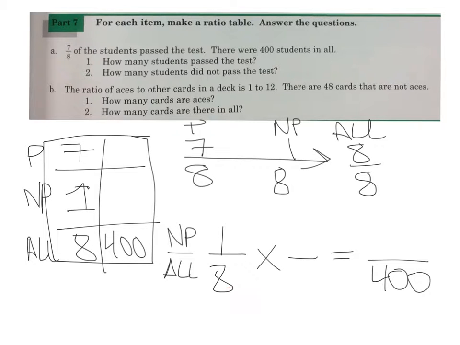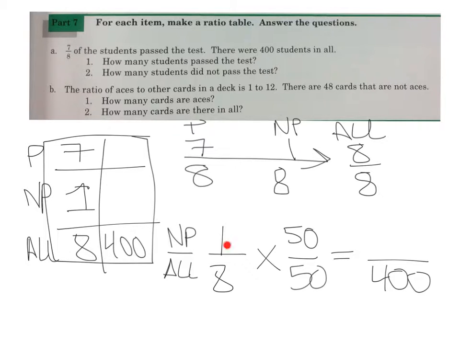So I cannot do 8 times nothing or something I don't know. We have to work backwards. If you can't do the multiplication, then you have to work backwards and do division. So 400 divided by 8 will give us 50. Okay, so 50. And that means that 50 is going to go on the top.